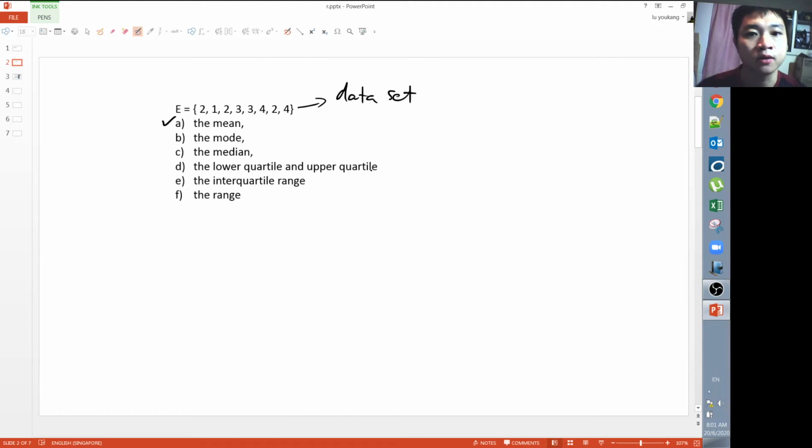Before you can find all this, what you need to do first is rearrange the data set in ascending order.